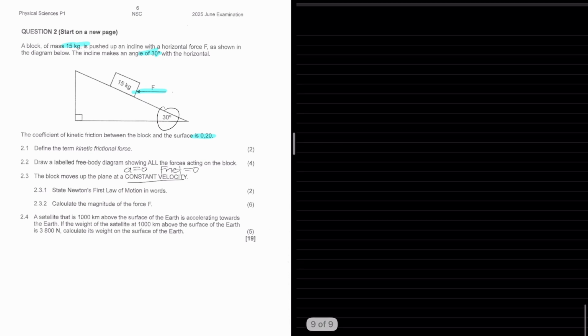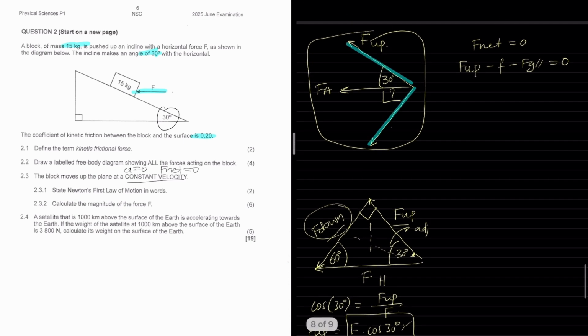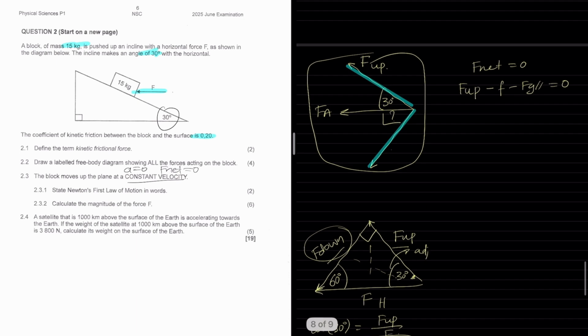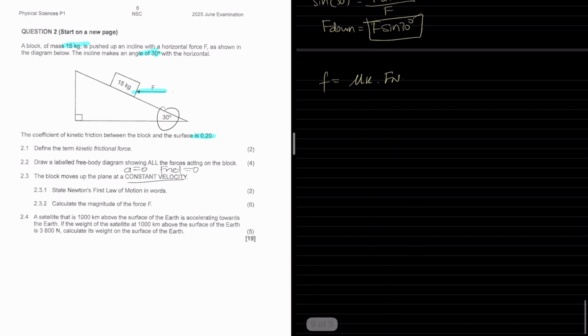So let's take a look at friction. So friction we know is equal to mu k times Fn. Now if we look at our forces here, Fn is actually going to equal F down plus Fg perpendicular. So Fn is equal to F down plus Fg perpendicular.